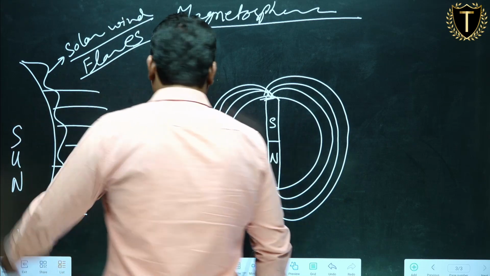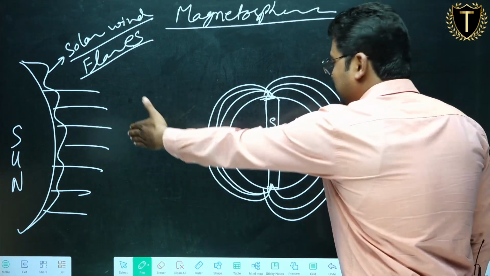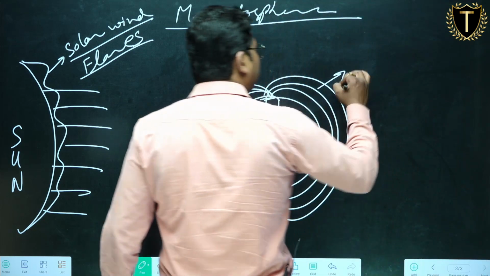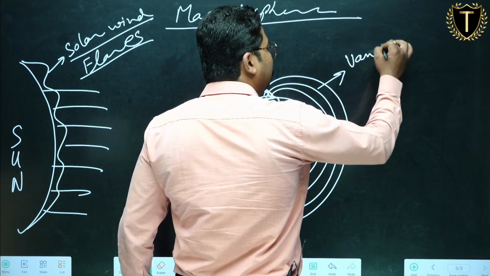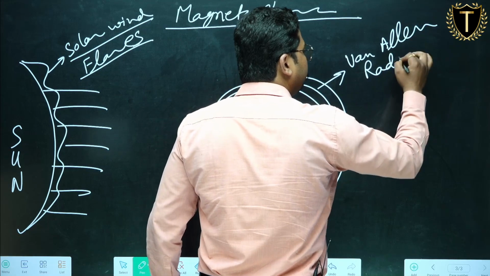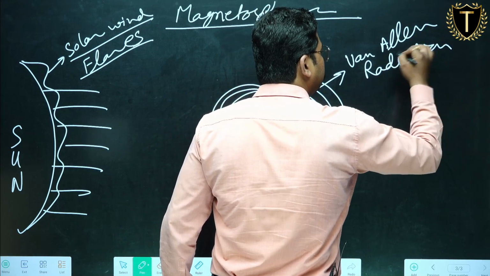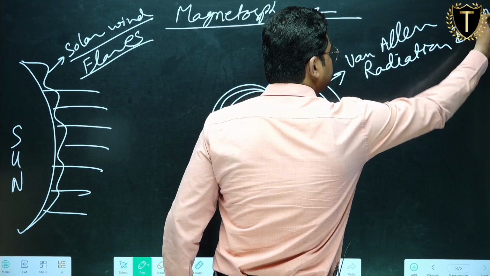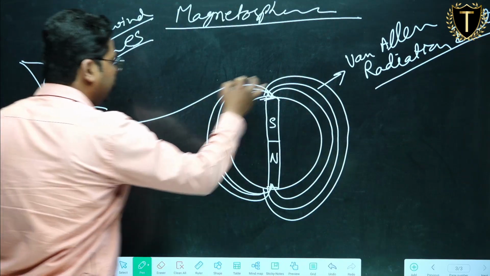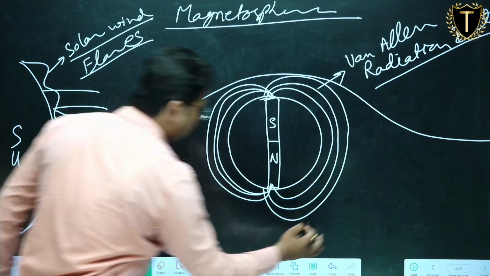Because the wind is coming from this side, this side gets compact and this side gets elongated. This radiation belt was given by Van Allen, that's why it is considered the Van Allen radiation belt. And the rest of the energy passes through like this.